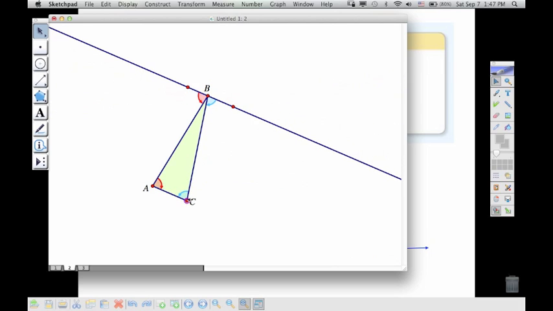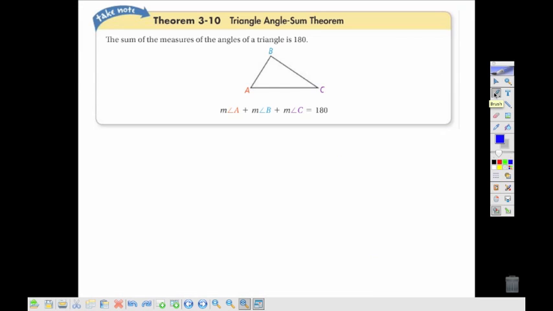Even if I move my triangle, this will still be the sum of angle A, angle C, and this angle here at B. From that we can conclude the triangle angle sum theorem: the sum of the angles in a triangle is 180 degrees.